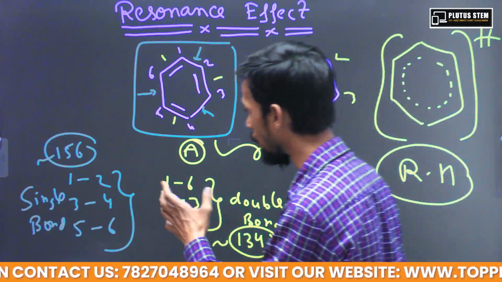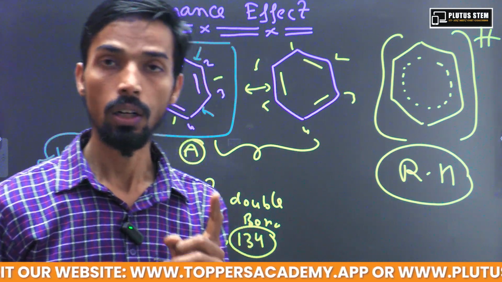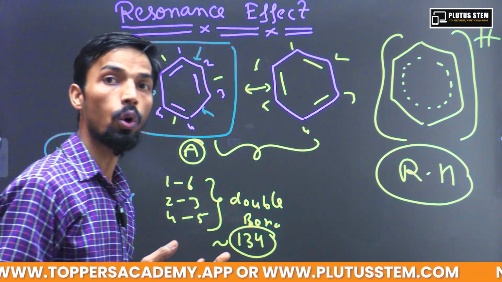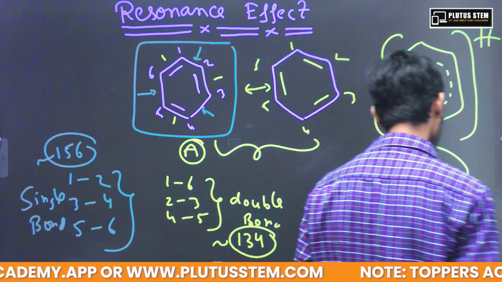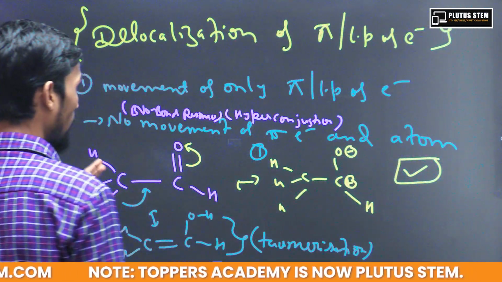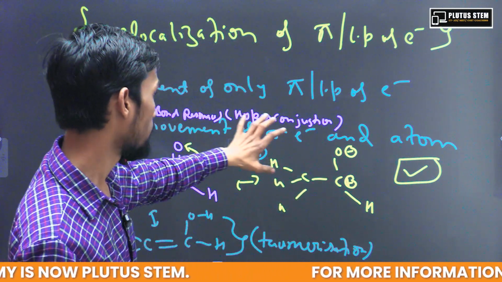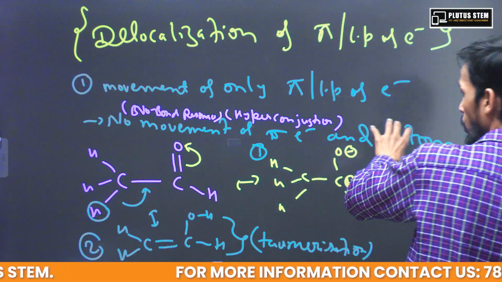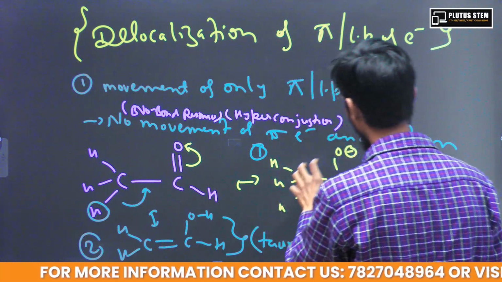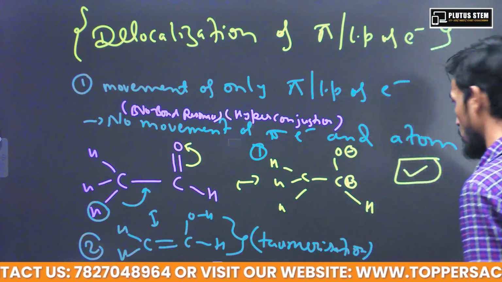Initially I told you why we need resonance, because through a single structure we were unable to know the properties of this organic compound. So we have seen the delocalization of pi electron, only pi electron movement, not sigma electron and atom. Sigma electron movement is termed as hyperconjugation, and hydrogen atom or any atom movement is termed as tautomerization.